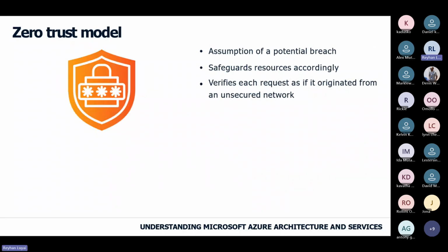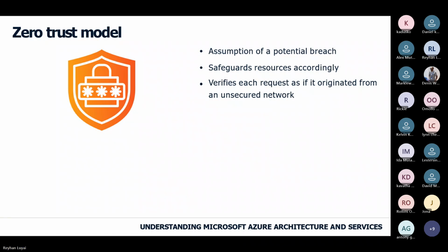So we have something called the zero trust model. This is a security model that starts with the assumption of a potential breach and safeguards resources accordingly. This model verifies each request as if it originated from an unsecured network. Microsoft strongly advocates for the zero trust security model, focusing on the following key principles.